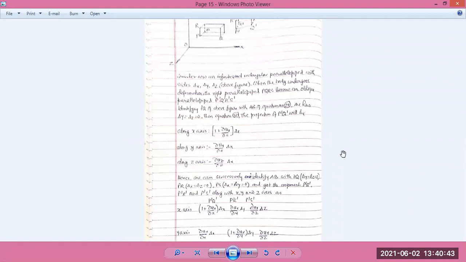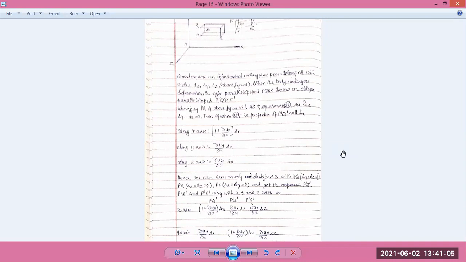Hence, we can successfully identify AB with PQ, where delta y, delta z is equal to 0, meaning the coordinate is not changing along the y axis and along the z axis.